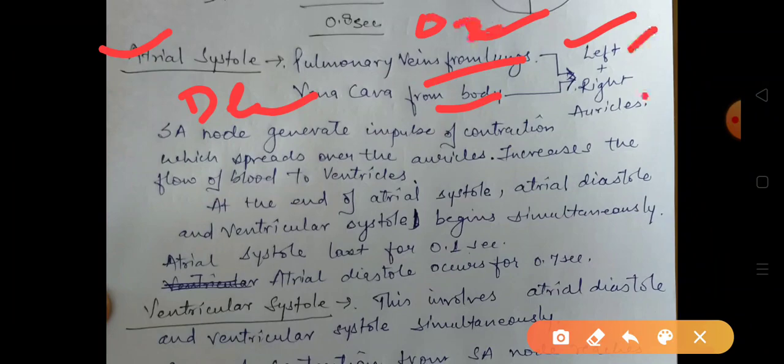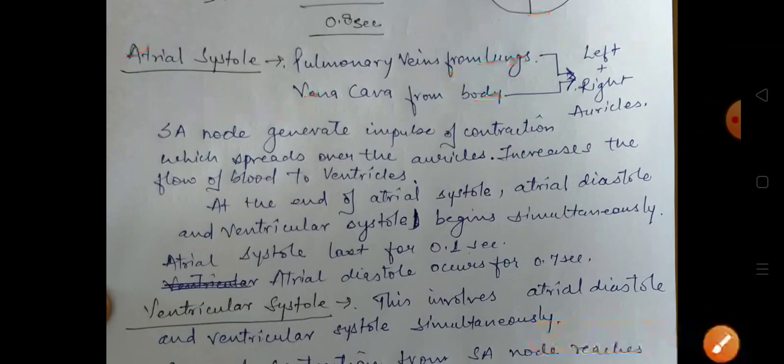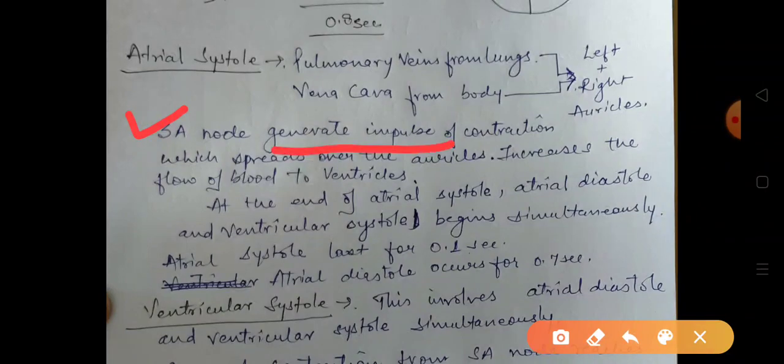Now when the auricles are completely filled with the blood, then the wave or the contraction impulse, we call it impulse of contraction, begins in the SA node, which is located in the extreme right of the right auricle. This SA node is a muscular system which starts generating the impulse.